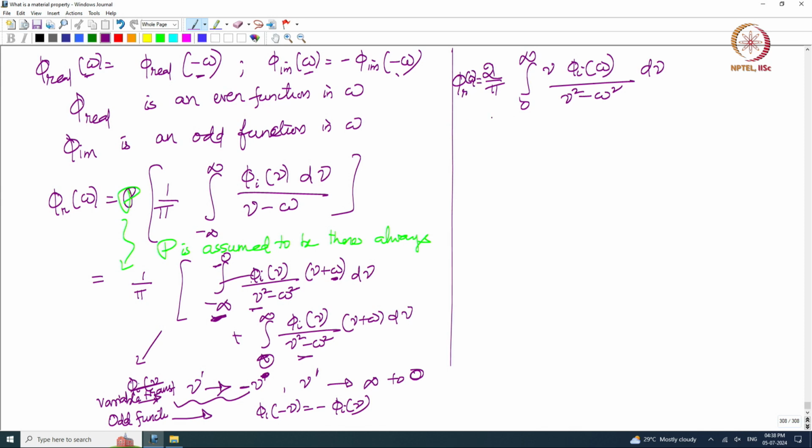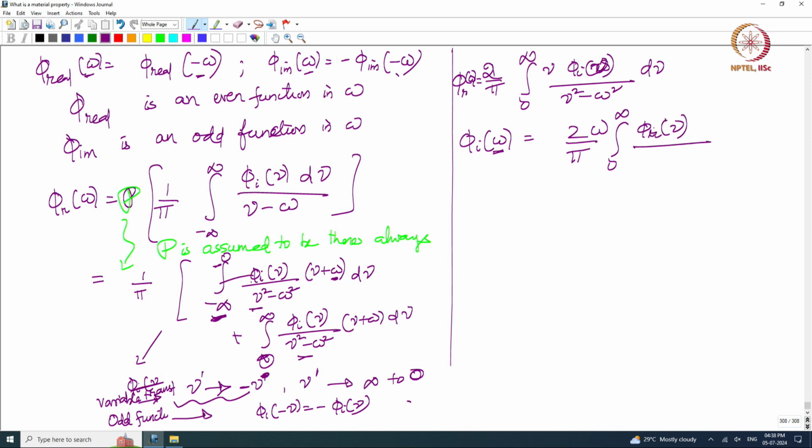Similarly, I can write phi I of omega with the integration limits now from 0 to infinity, and omega comes out as a constant because I am just looking at one omega. So this is nu phi r of nu, because phi r of nu is an even function.